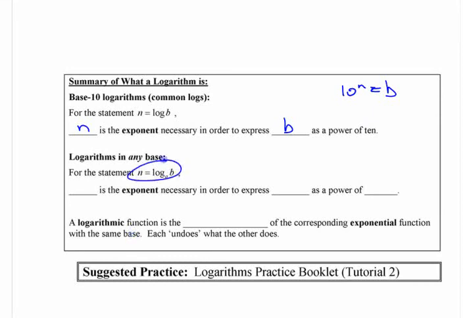For this statement, it's exactly the same thing, except it's not a 10. It's whatever that number is. It's exactly the same statement though. n is the power that you need to express b as a power of whatever a happens to be. Whatever this base is here. So instead of that, you have that.